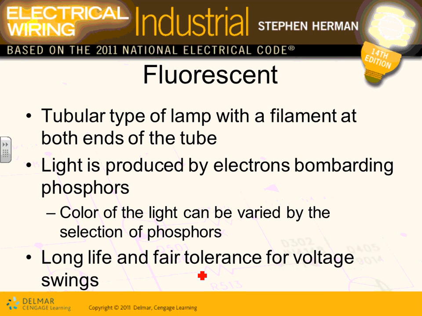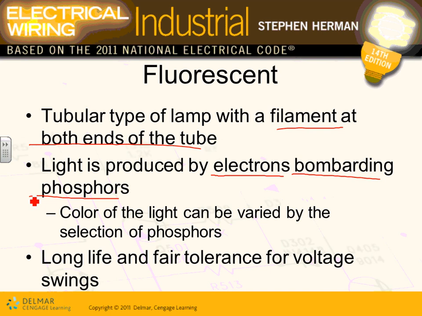Fluorescent lamps, guys, we talked about these, have two filaments, one at each end. You energize these and they start shooting electrons and bombarding the phosphorus that coats the inside of the bulb, so they create an arc, right? You energize these filaments, you create an arc, and there's a ballast that maintains the arc.